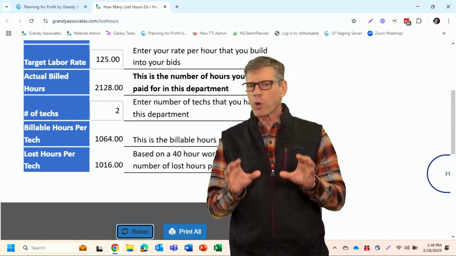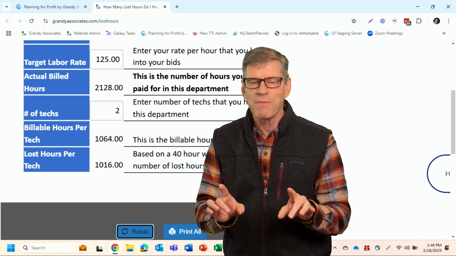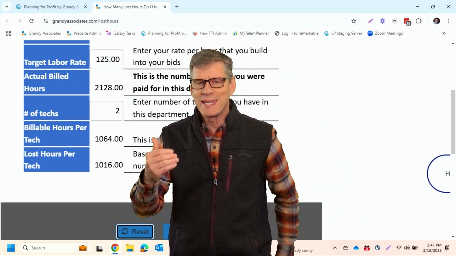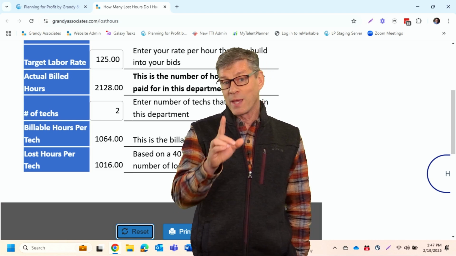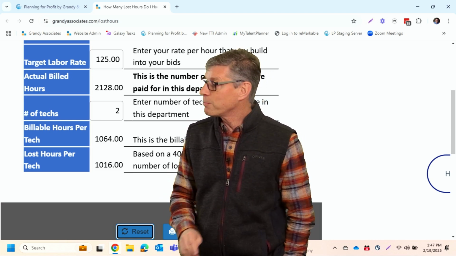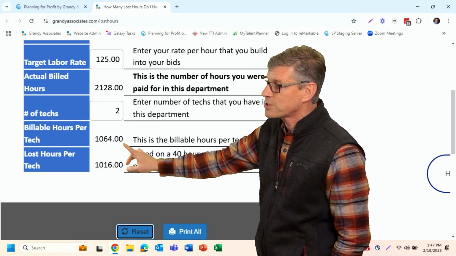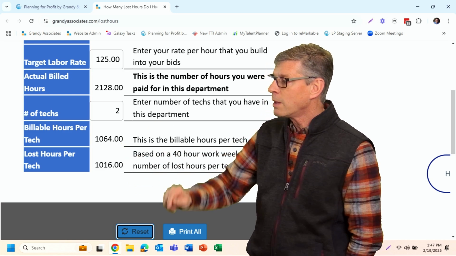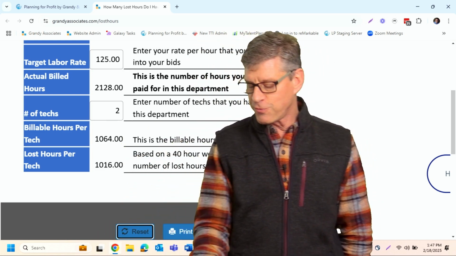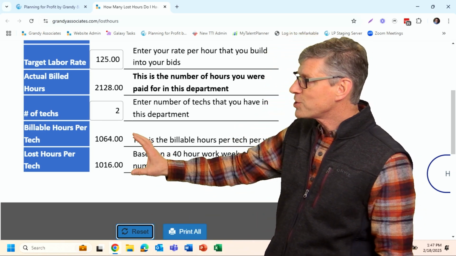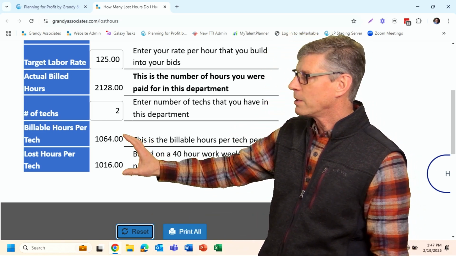So it's just a quick, easy tool to give you an idea if you have no clue what you actually have for non-billable time. I can also look at this and say my non-billable hours here was 1,016 and total billable was 1,064. What percentage of their time was non-billable?